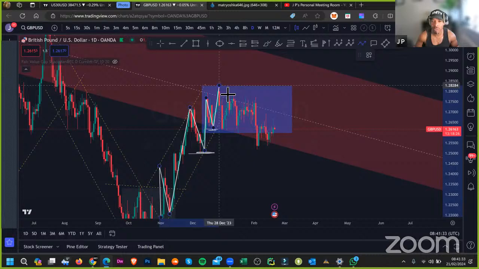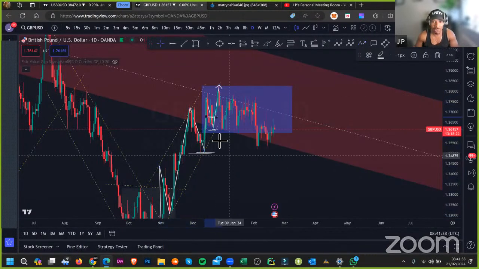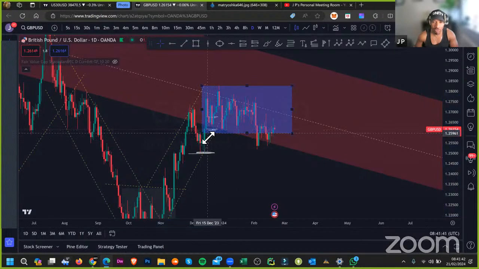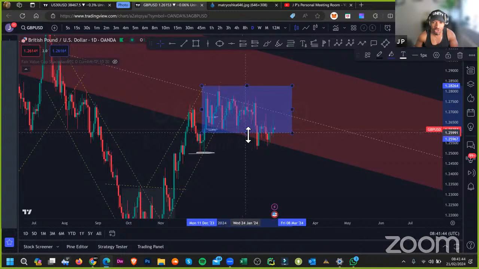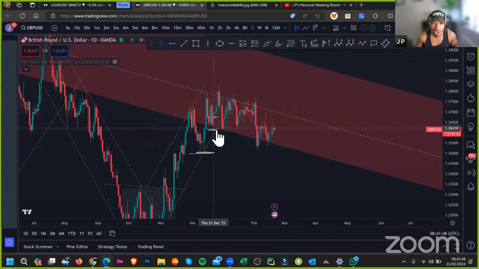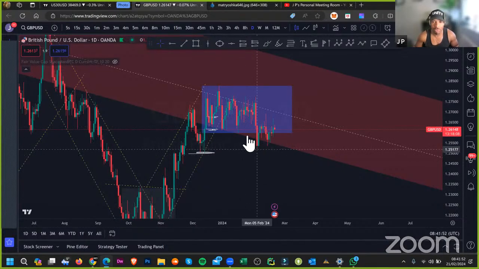That's how it was moving. And then it started to trade within that range. Let me get rid of this now. Let me make this a bit better, like so. Between that low and that high, the market started to trade within that range.